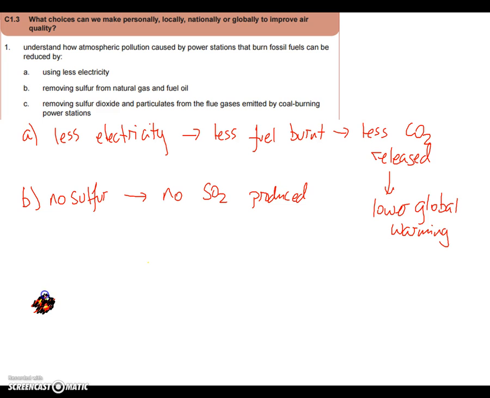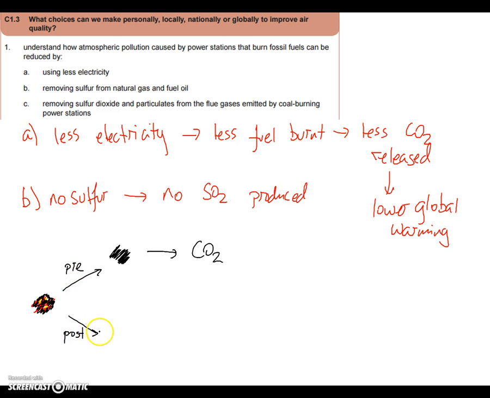We've got two choices really when it comes to, and it might be natural gas, it might be oil, when it's burnt. We've got two choices about how we get rid of the sulfur. We've got pre-combustion removal and post-combustion removal. So if we remove before we burn it, then we end up with just coal, and that just leads to carbon dioxide, and the sulfur gets removed beforehand.